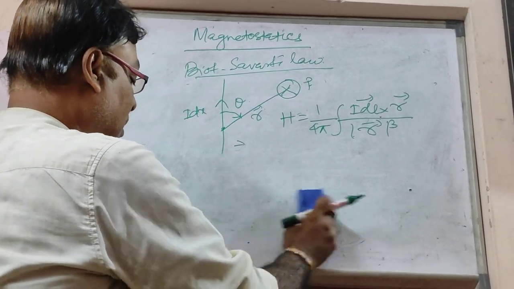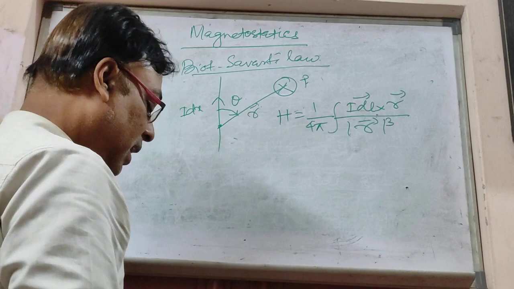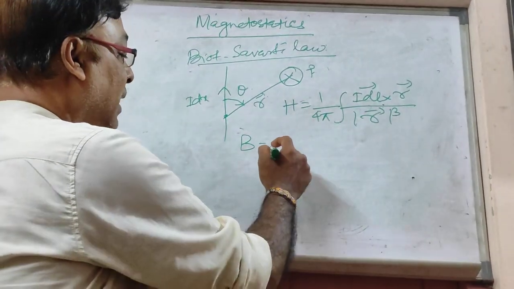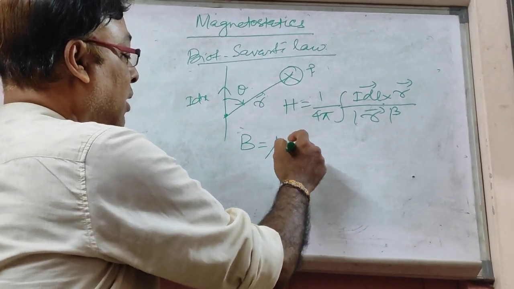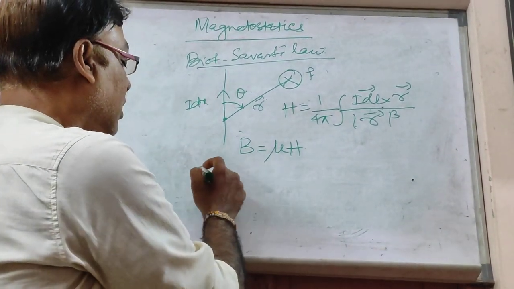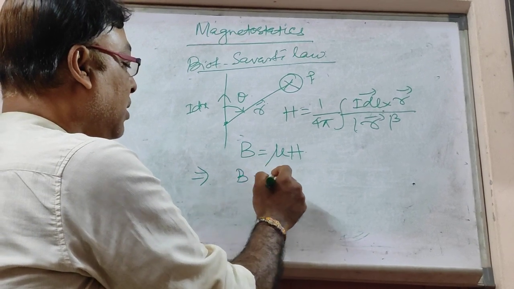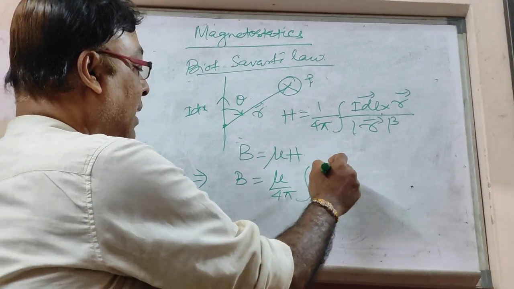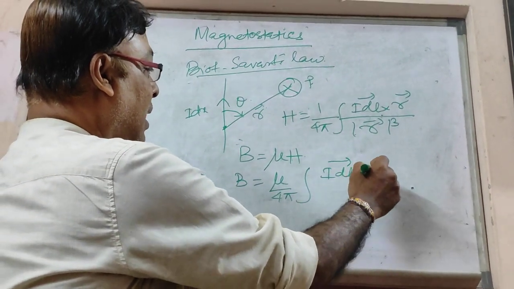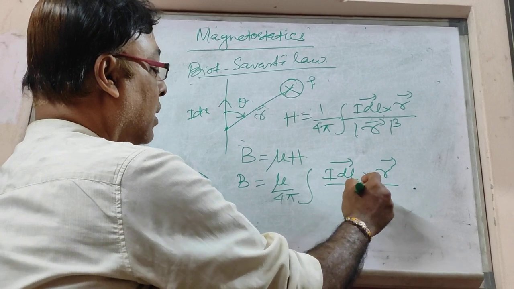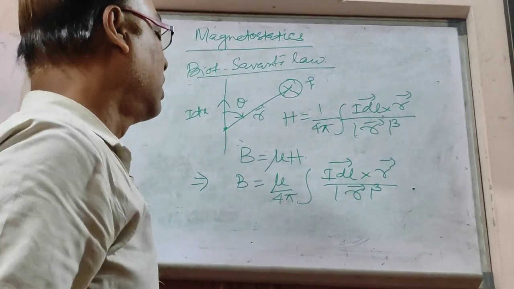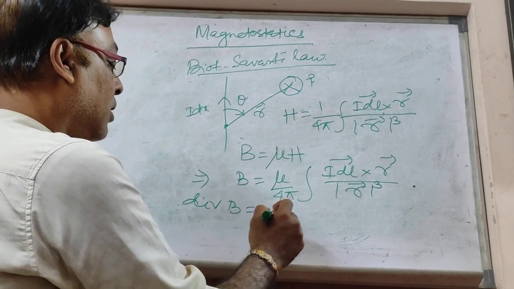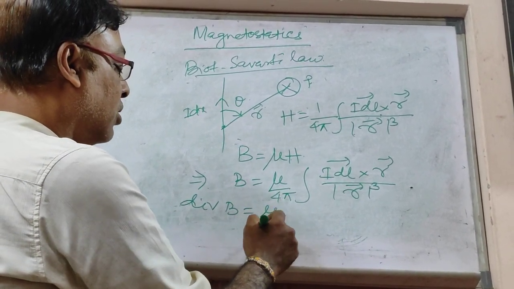Now we know that the magnetic flux density and the magnetic field strength are related by the equation B is equal to mu into H. So from this we can write B is equal to mu by 4 pi integral of Idl cross R divided by R vector magnitude cube. Now you take the divergence on both sides.